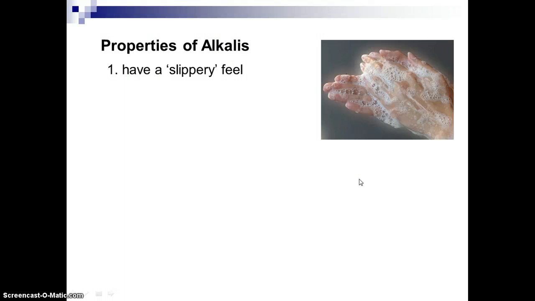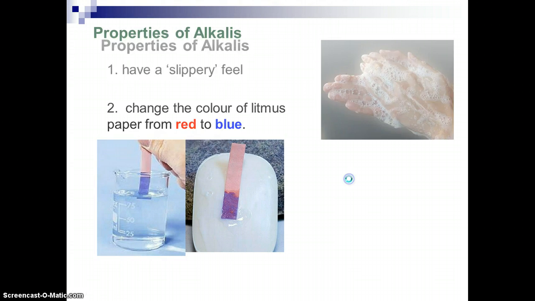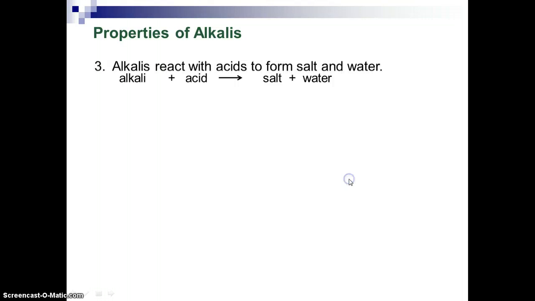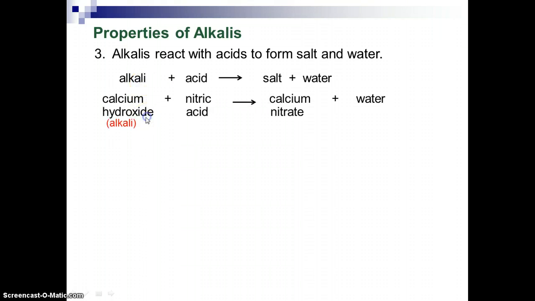Properties of alkalis. Number 1, alkalis have a slippery feel. Number 2, they change the color of litmus paper from red to blue. And some chemical properties are similar to bases. Number 3, alkalis react with acids to form salt and water.